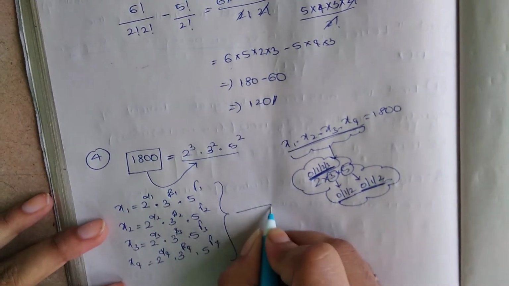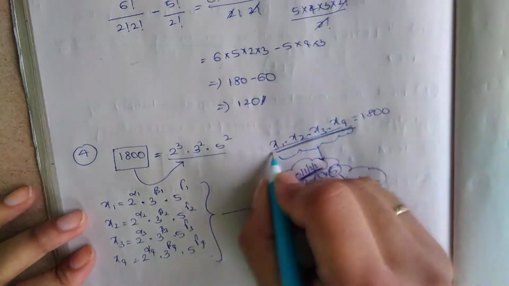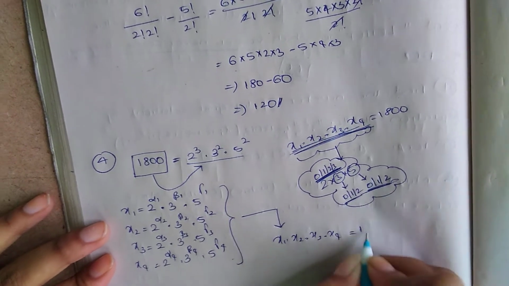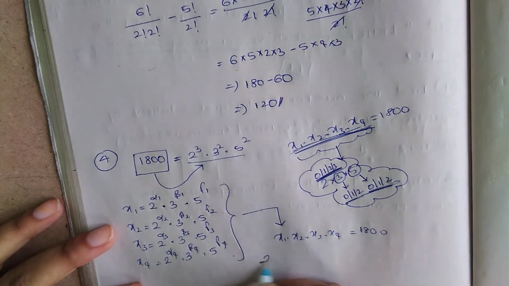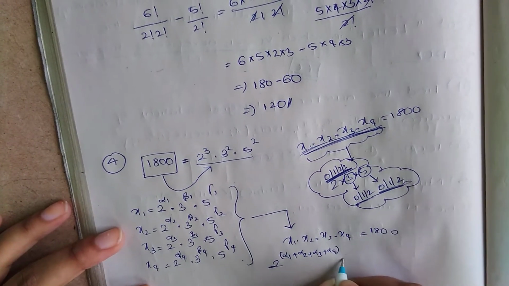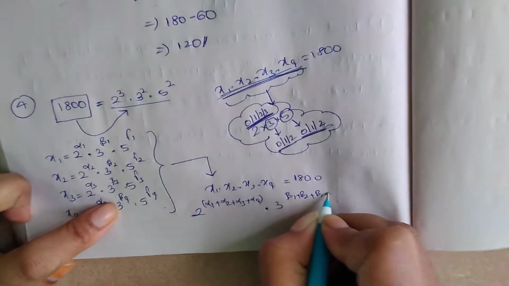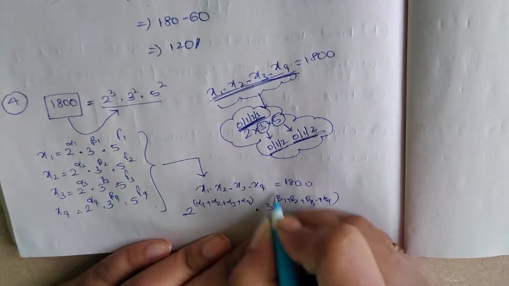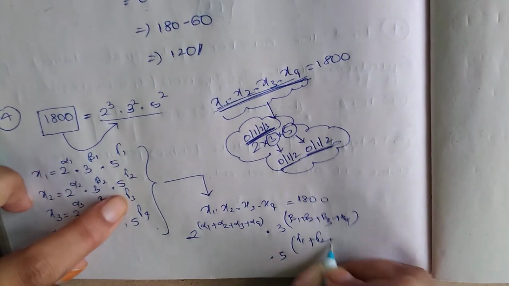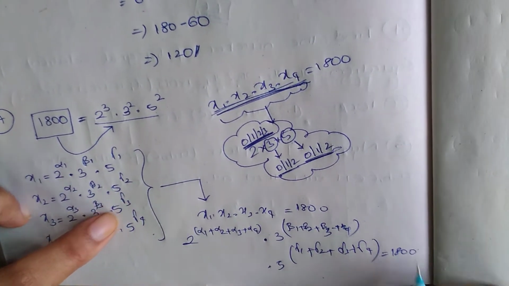Then you can write x1 into x2 into x3 into x4 is equal to 1800 as 2 power alpha 1 plus alpha 2 plus alpha 3 plus alpha 4 into 3 power beta 1 plus beta 2 plus beta 3 plus beta 4 into 5 power gamma 1 plus gamma 2 plus gamma 3 plus gamma 4 is equal to 1800.